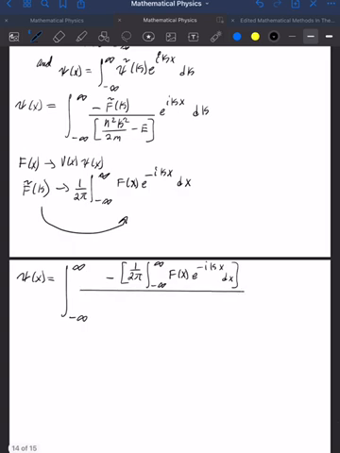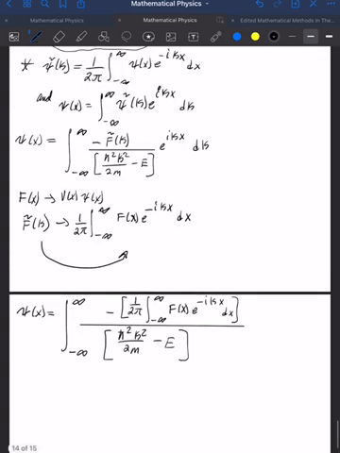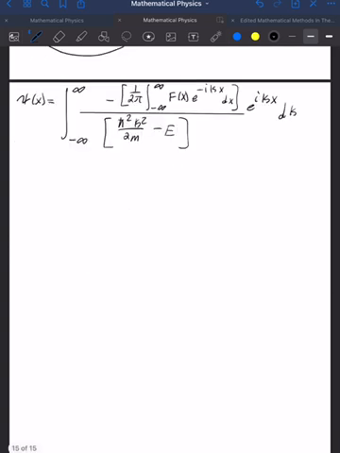And that is divided by h bar squared k squared over 2m minus e, and then times e to the i kx dk.